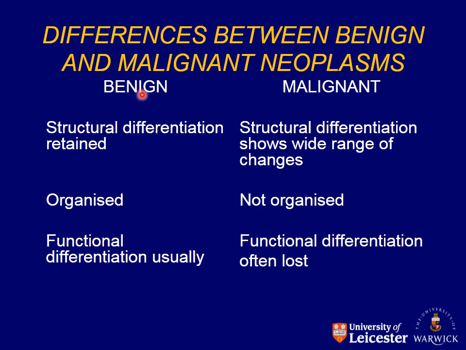That is the differentiation. So in the benign neoplasm, you will find the structural resemblance of the new tumor cells with the parent cell, whereas in case of malignant neoplasm, the structural resemblance of the new cells to the parent cell is very less. It shows a wide range of changes.